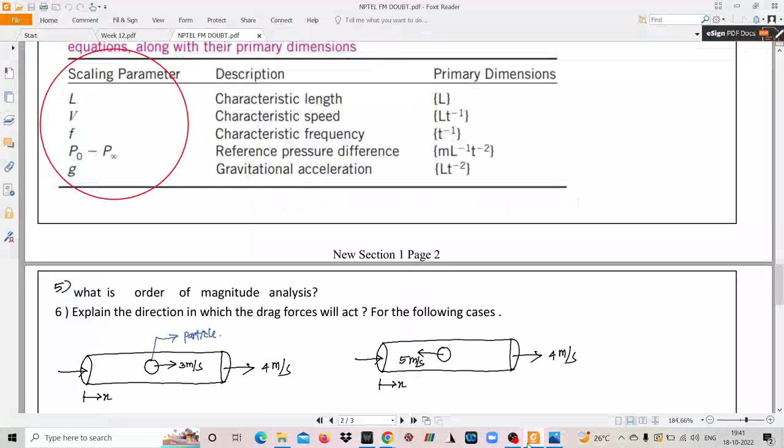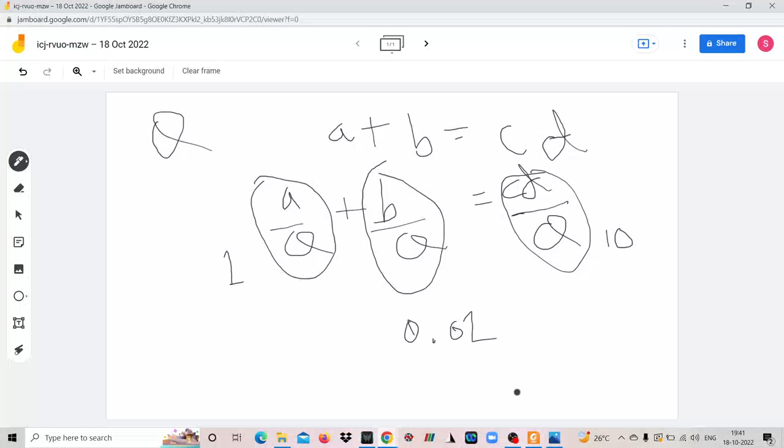Your question was, what is the order of magnitude analysis? You are dividing all these quantities by the value of a characteristic quantity. So a by q is of the order of 1, b by q is of the order of 0.01, and cd by q is of the order of 10.